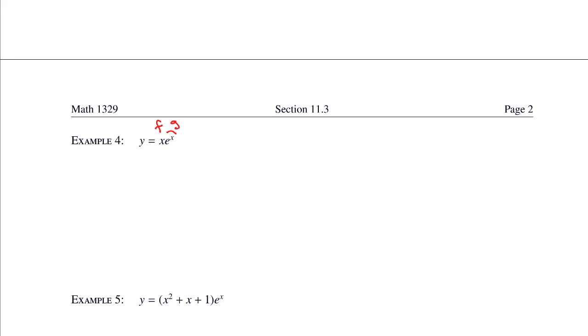Alright. So we have y prime is equal to the derivative of f, which is 1, times g unchanged, that's e to the x, plus the derivative of g, e to the x, times the f unchanged.